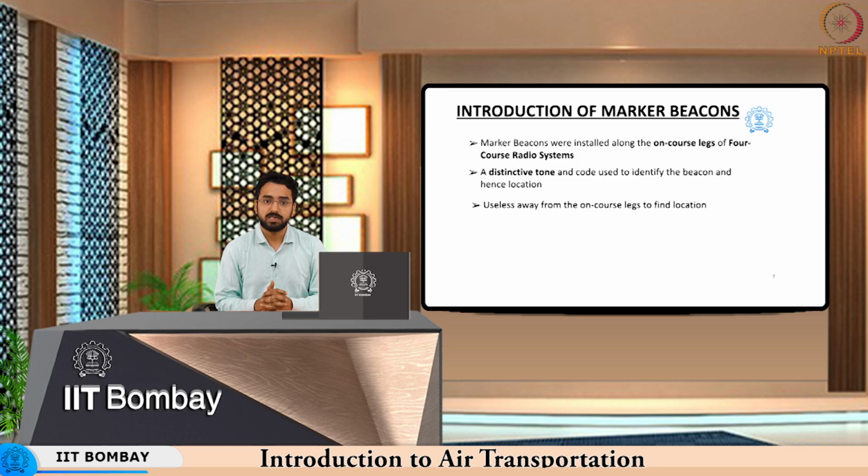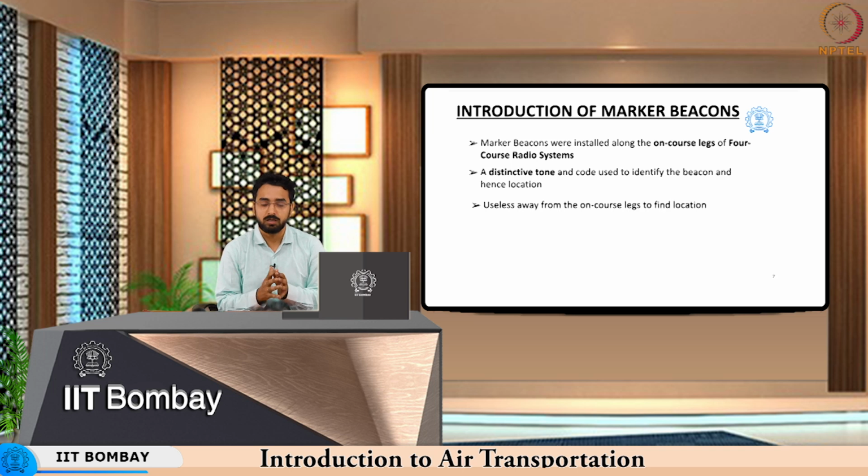However, these came with a shortcoming: the usage of these navigation aids along with the marker beacons was useless if the pilot operated away from any on-course legs. Basically, these marker beacons were only helpful when the plane was on the actual approach leg of the station.